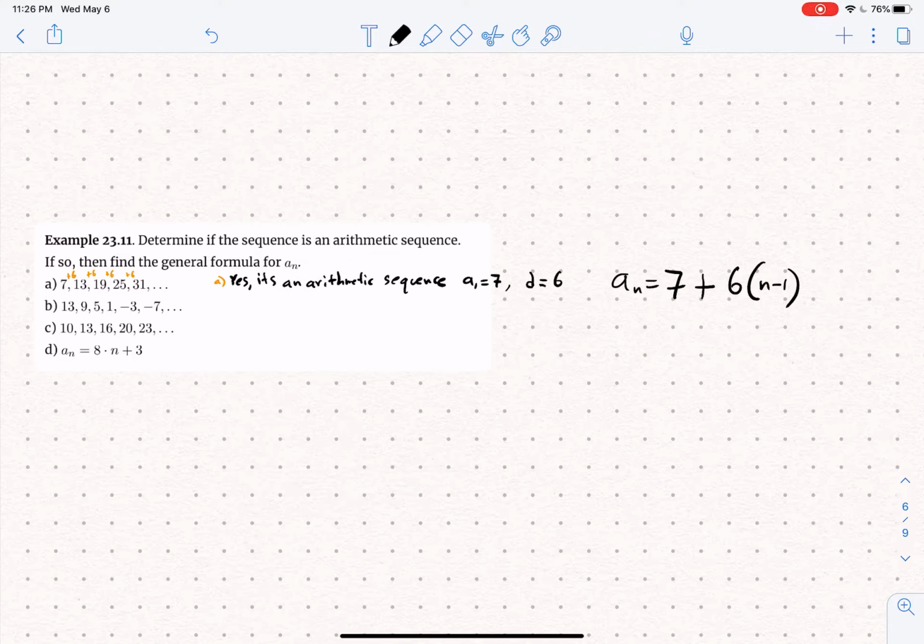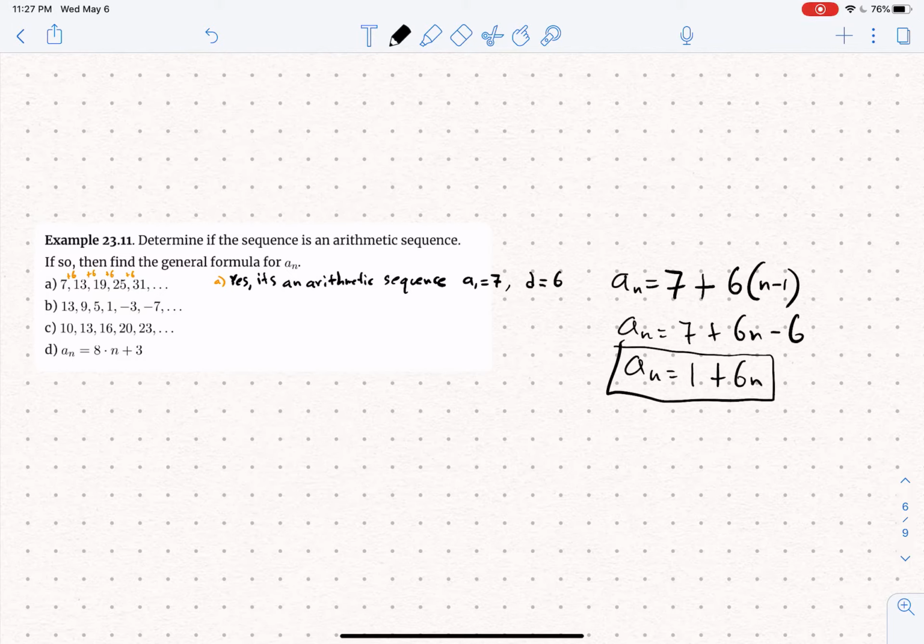But second, we could probably simplify this formula a little bit. Let's simplify it by distributing through and getting rid of these parentheses and multiplying 6 by each of these. So AN is equal to 7 plus 6n minus 6. And then I'm going to combine together the 7 and the negative 6. So AN is equal to 1 plus 6n.